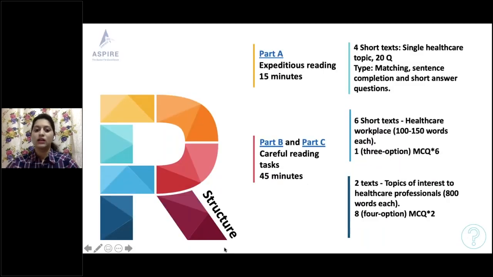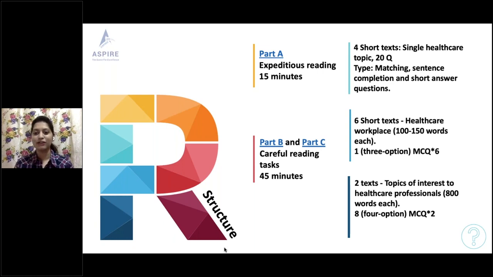All right. So let's look at the structure of the reading module. Part A consists of expeditious reading, which is for 15 minutes. In other words, this is the kind of text that you will have to speed read so that you can finish fast.